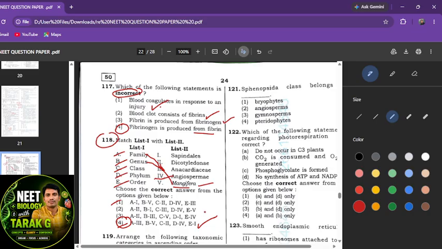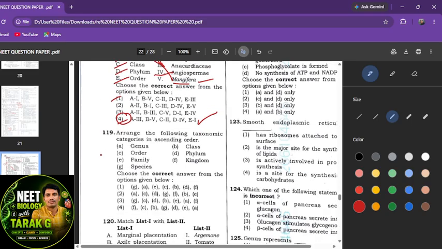Right? 119, we'll see what the question asked. Arrange the following taxonomic categories. It's very easy. The code we discussed in the class: KPC OGS, kingdom, phylum, class, order, family, genus, species.